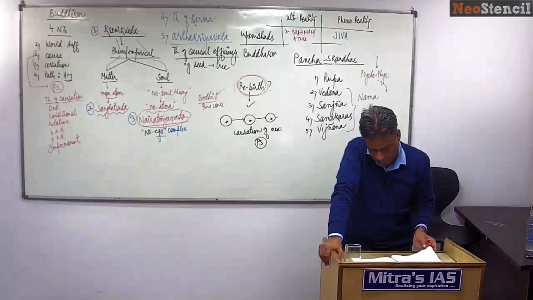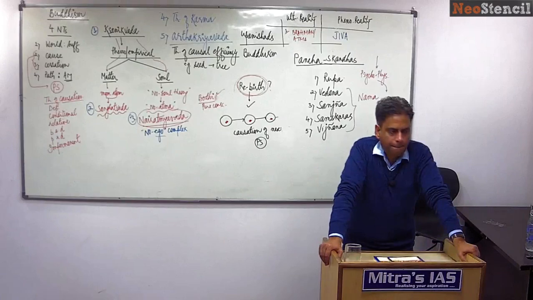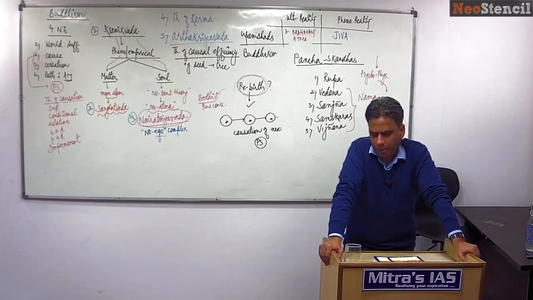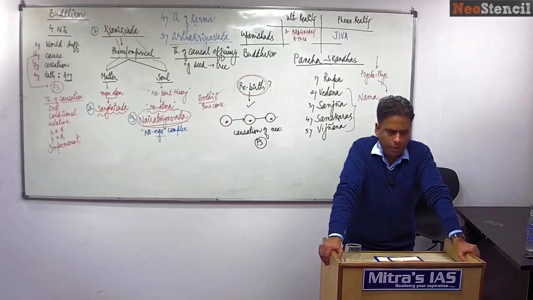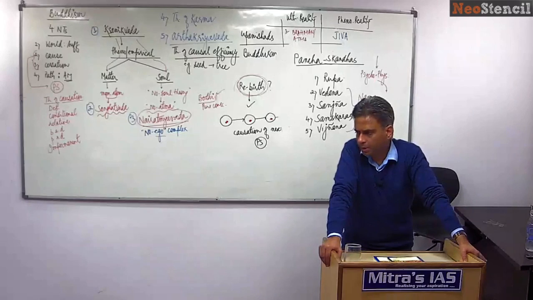For example, a seed is causally efficient to give rise to a tree. Right, so these are the 5 doctrines broadly, logically derived from Pratyatya Samutpada.